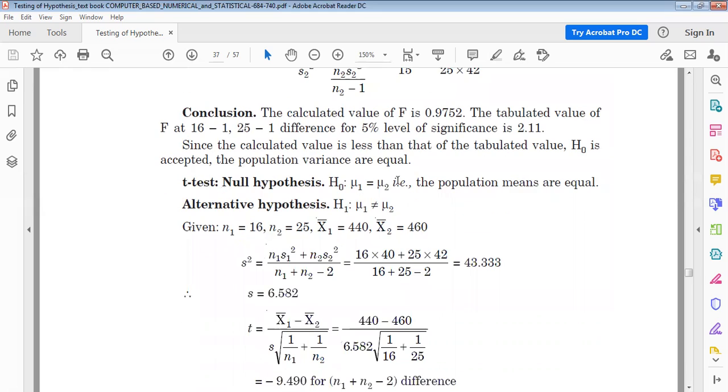Now for the t-test, similarly, to verify whether the population means are equal or not. Considering the null hypothesis, the population means are equal. So the alternative hypothesis will be what? Not equal. Now n1 equals this, n2 equals this, x1 bar equals this, x2 bar equals this; this is given in the table.